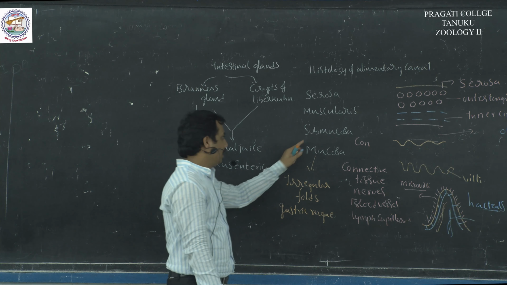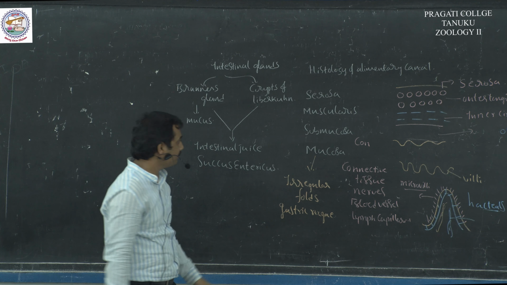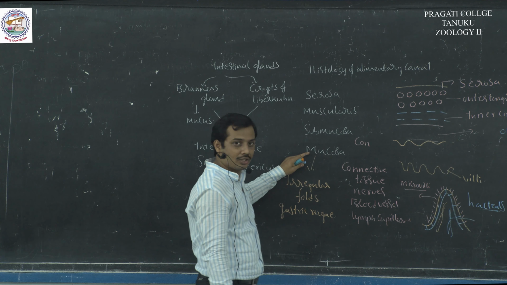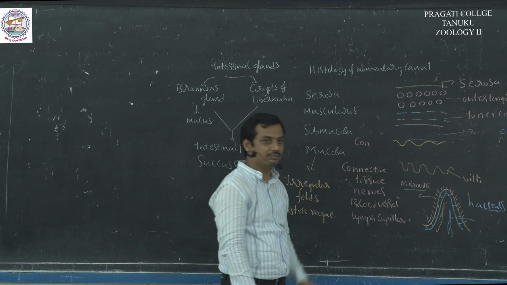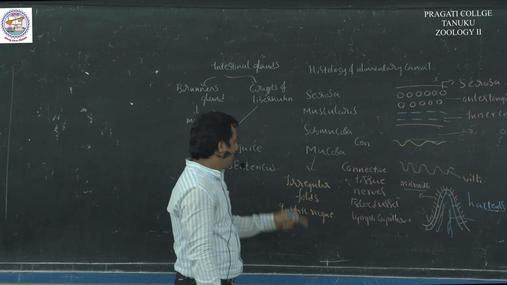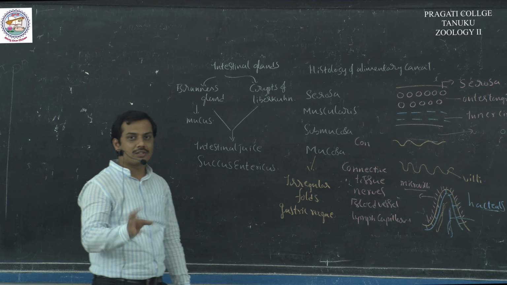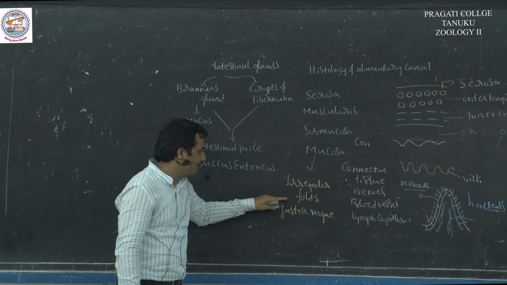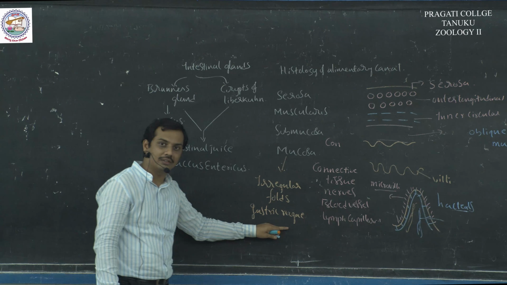Next, the submucosa of the duodenum possesses Brunner's glands, and they secrete mucus. And the mucosa shows finger-like projections called villi in the small intestine. And the mucosa of the stomach shows irregular folds called gastric rugae.